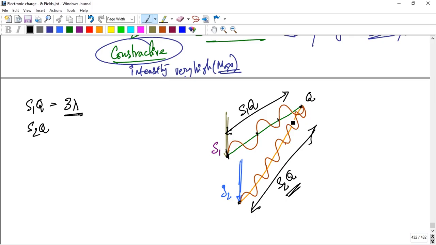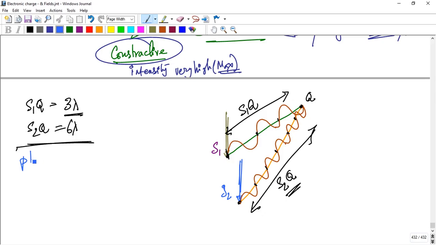And S2Q is the other path. Counting the full cycles, S2Q is 1, 2, 3, 4, 5 and 6, that is 6 lambda.